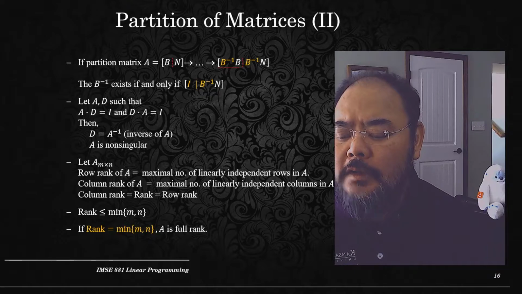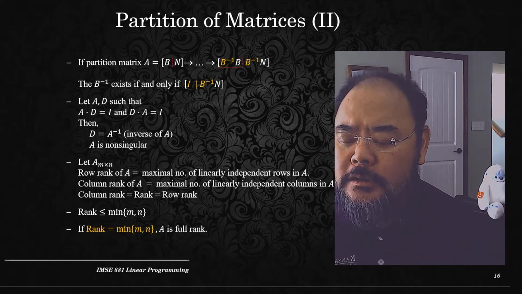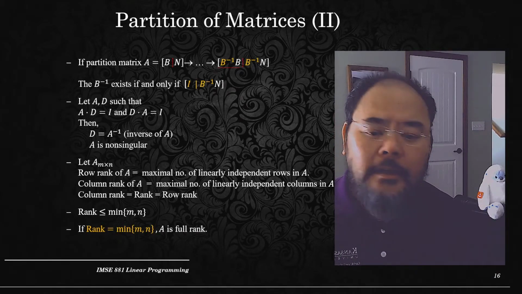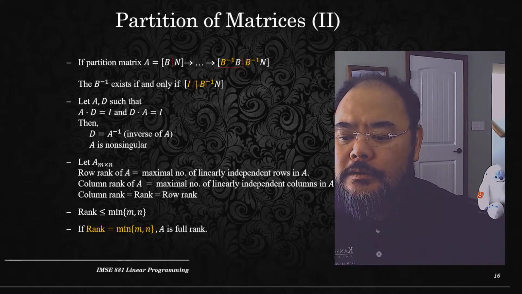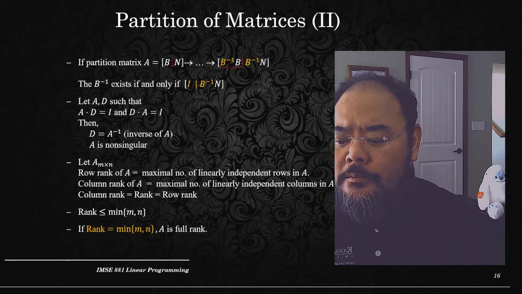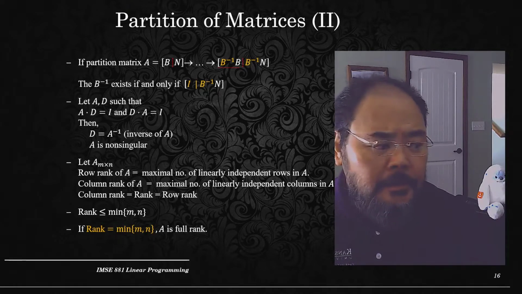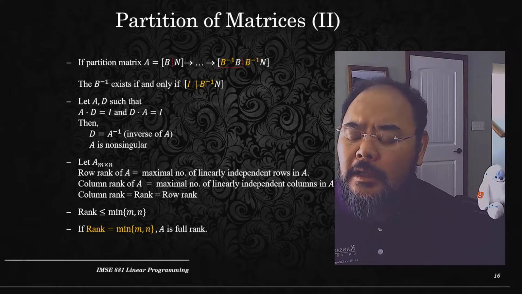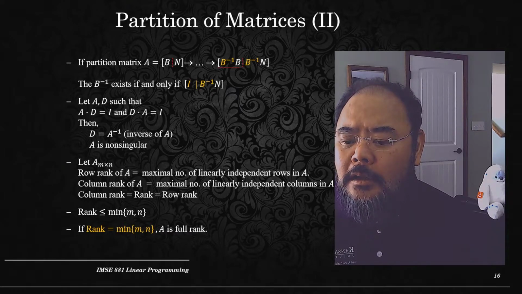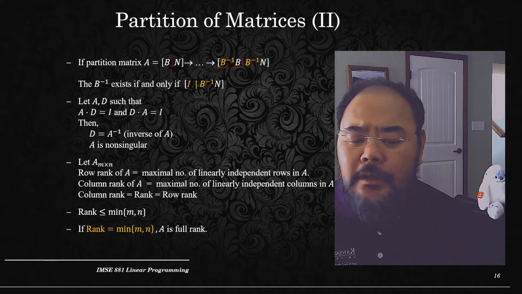We also say the A matrix is non-singular. What does it mean in matrix algebra? When we mention a matrix is non-singular, it usually means the matrix determinant is not zero, and also all the columns of the A matrix are linearly independent.